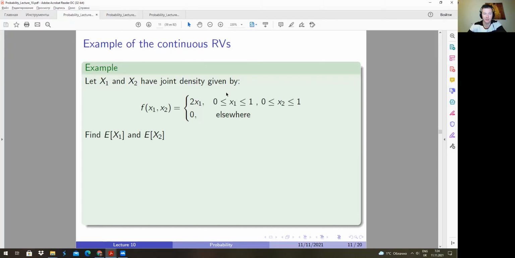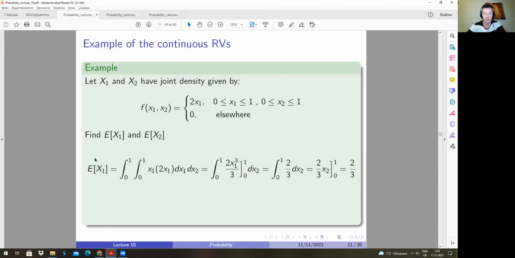the same joint density. To calculate the expectation of x1, we can double integrate x1 multiplied by the joint density over x1 and x2. So first of all, I integrate over x1. The integral of 2x1 squared is 2 over 3 x1 cubed.